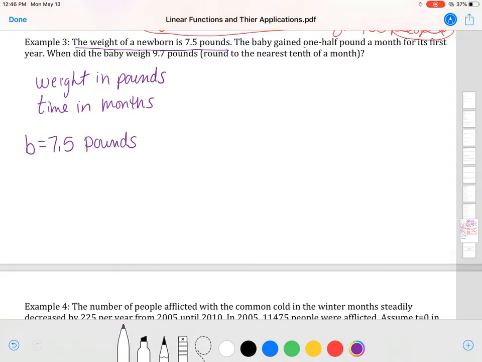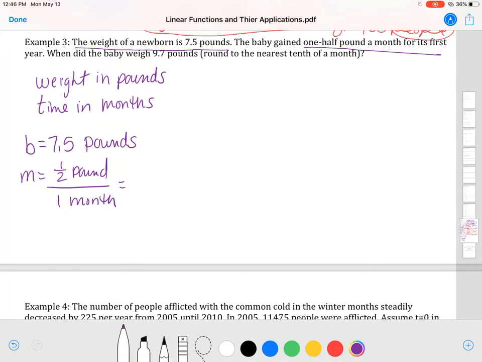They also give us 1/2 pound per month. Even though the problem doesn't say rate of change or slope there, it's telling us how one quantity is changing with respect to the other. So it's saying that it's 1/2 pound for every month.